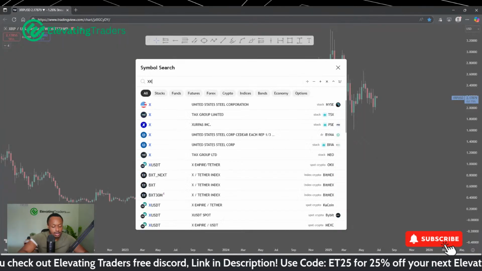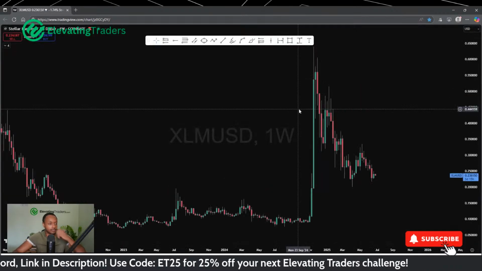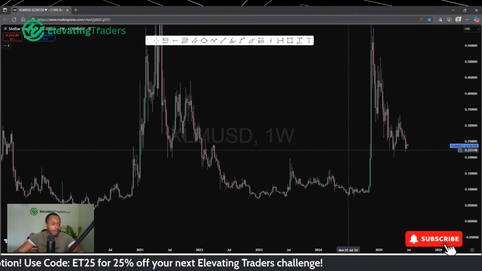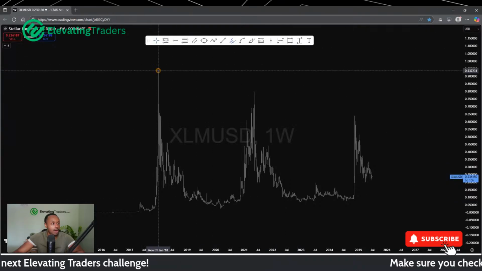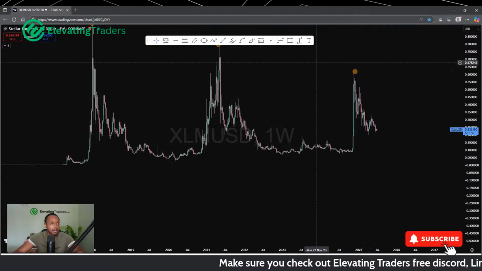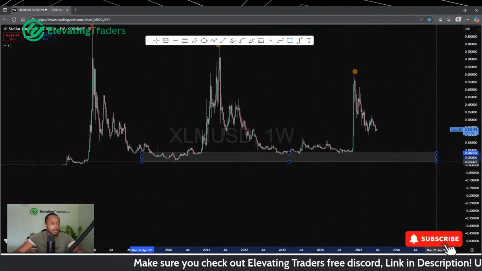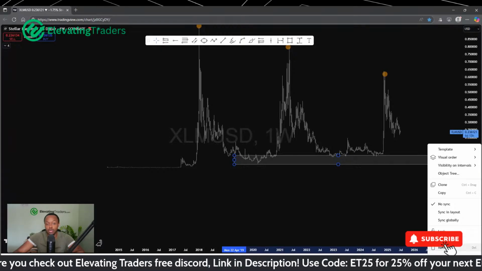And XLM. Yeah, this had a massive pullback anyway. Is it another lower high? Could be. Which could take us back into these lows. Yeah, it's not looking the best, I have to say.